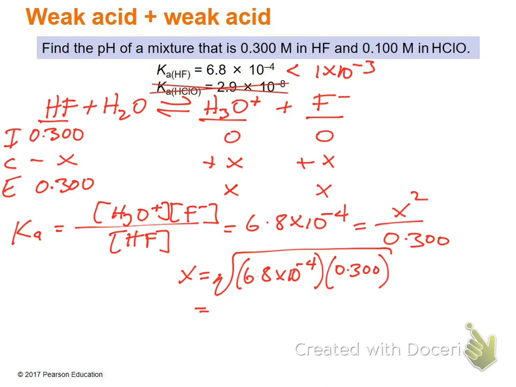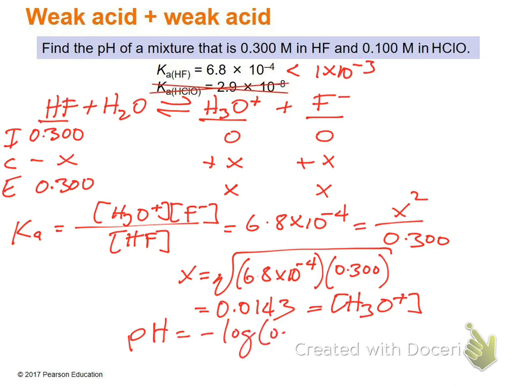And so we get a value for x equal to 0.0143. Okay, so this is the concentration of H3O plus. We can find the pH by plugging this value into negative log of 0.0143, and we get a pH of 1.85.